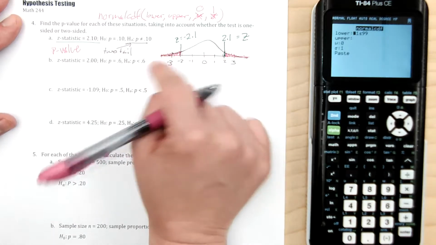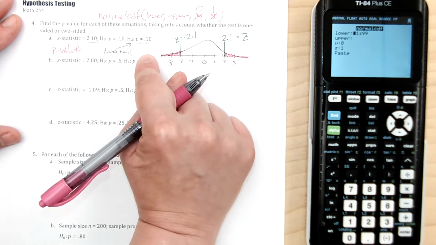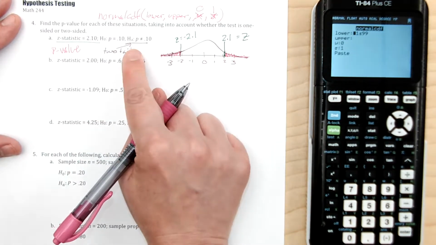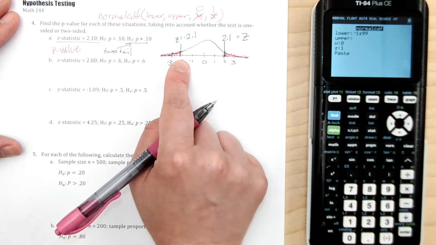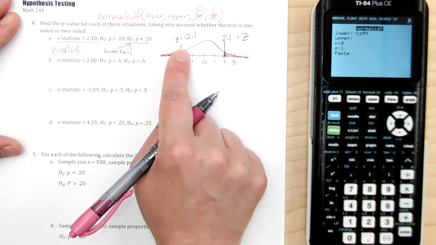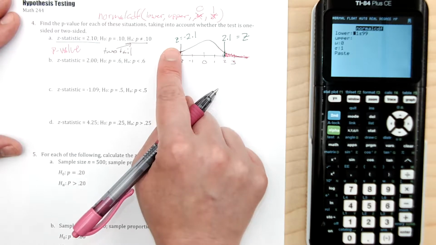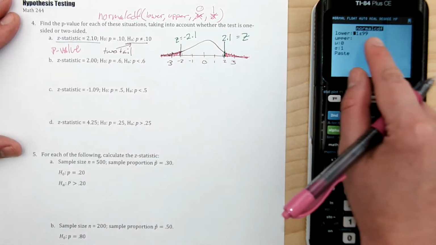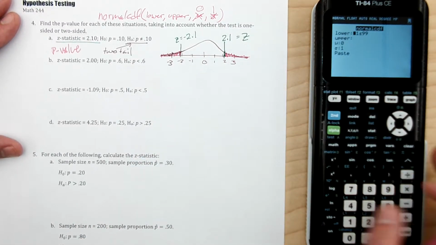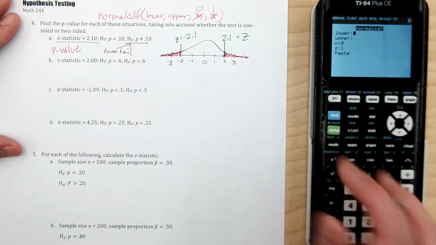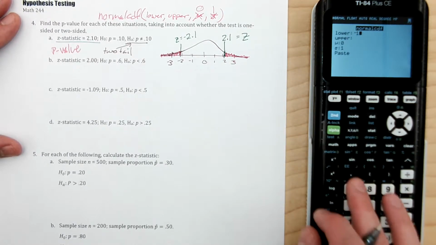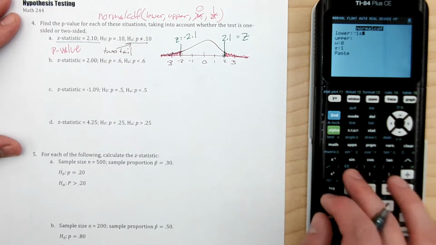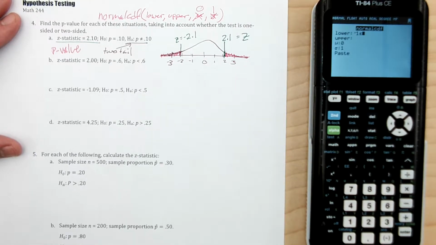We have a couple different ways we can tackle this problem. One way is to say, well, I know I want to go from -infinity up to this and find out what the area is right here. So here you can see I've got -infinity in here. The way that you get that is -1, then the E button is right here, those big double E's, and this is calculator speak for scientific notation.